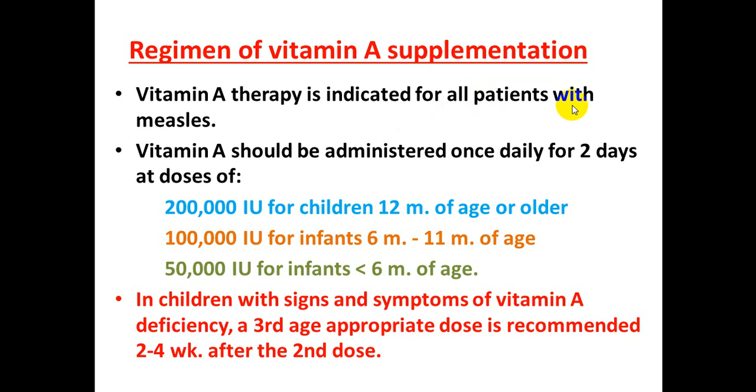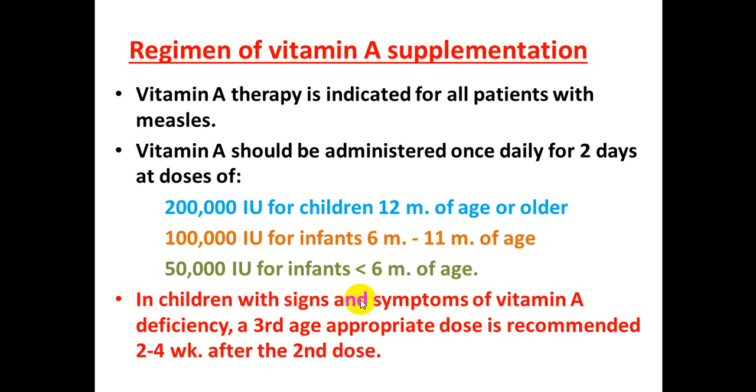So, all patients with the measles should be supplemented with the vitamin A. And the vitamin A should be administered once daily for 2 days at the dose of, according to the age group, 200,000 international unit for children 12 months of age or older, and 100,000 international unit for infant from 6 to 11 months of age, and 50,000 international unit for infant less than 5 months of age.